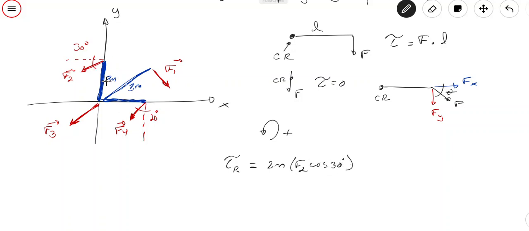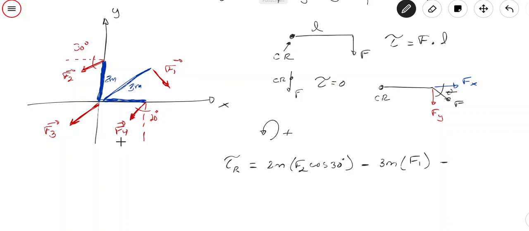The torque done by the force F2 is counterclockwise, so I'm going to take this torque as positive. Now minus, because the force F1 is doing a torque that is clockwise, so I'm going to take it as negative. So I'm going to say minus, in this case, 3 meters times the magnitude of the force F1. And also minus, because the force F4 is also doing a negative torque, since it's making this rotate clockwise.